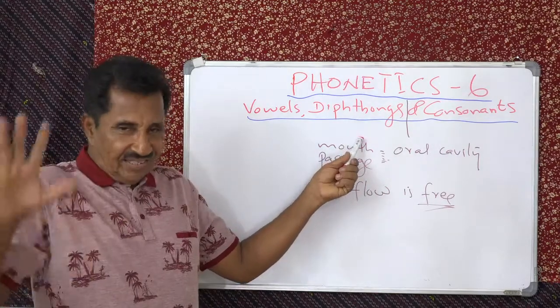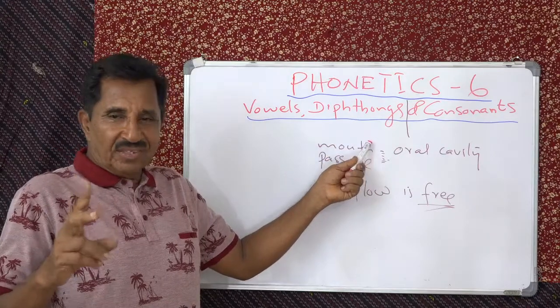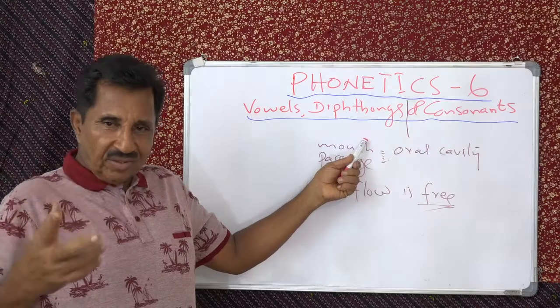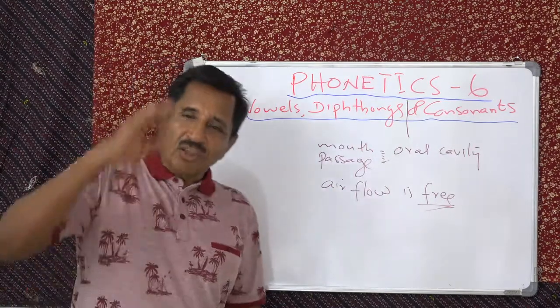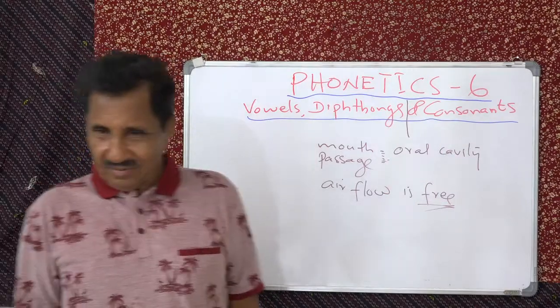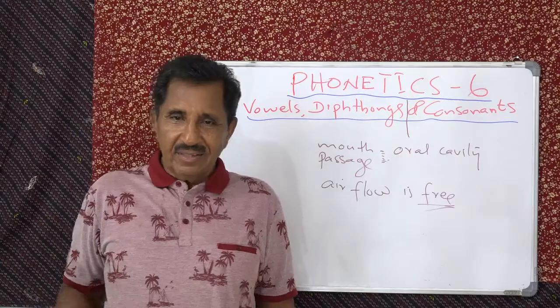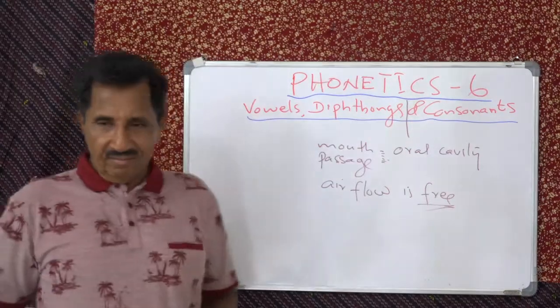Here you have pure vowels, and here you have colored vowels, or you can say two members written together and pronounced together. The airflow is free. So, if you produce a sound with the free flow of air, that is called a vowel or a diphthong.